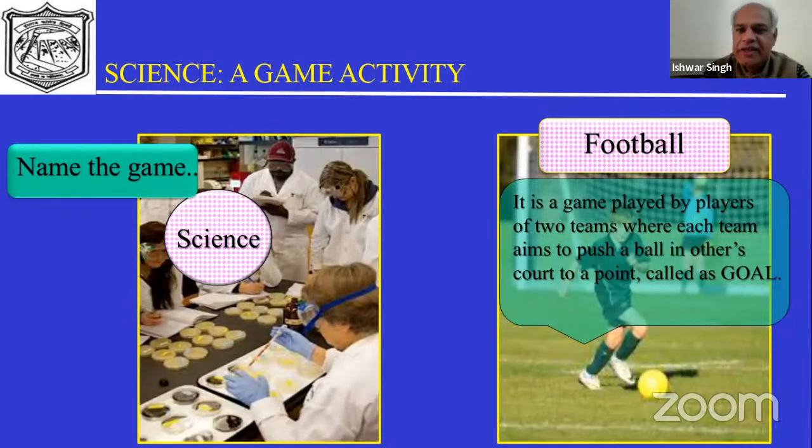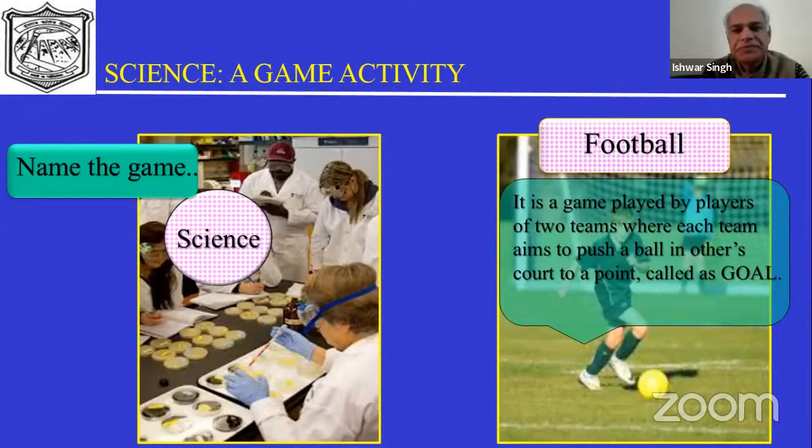Okay. Anybody else would like to add anything? To make the students curious about the things which are happening around us, to make them use their senses and ask the question, if something is happening, why it is happening. That is making them curious.